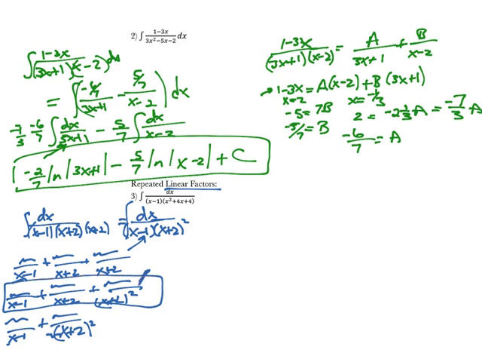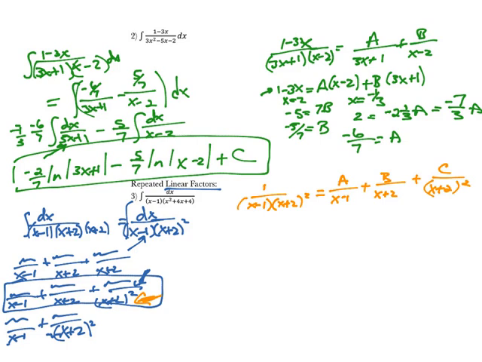So we're saying that this term here is a repeated linear factor, so we're going to put a constant on top. So what I mean by that is whenever I go over here to the right, and I rewrite this as 1 over x minus 1 times x plus 2 squared, then I'm going to say that's A over x minus 1 plus B over x plus 2 plus C over x plus 2 squared, because that's this case here where I'm allowing for everything to happen.